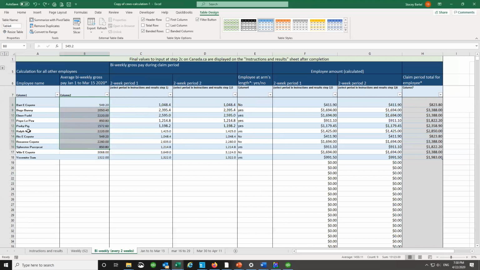Who is it that I had here? All right, let's talk about Ralph Wolf. Okay, prior to the crisis, Ralph was working and he was making $22.20 every 2 weeks. Ralph is in a different department.